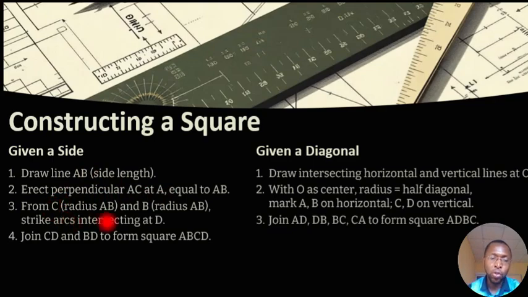The third step is to make arcs to intersect and then join the points. If you are given a diagonal, you draw two intersecting horizontal and vertical lines to meet at O, and from the center O you make your arc with the radius of the diagonal, and then you join.